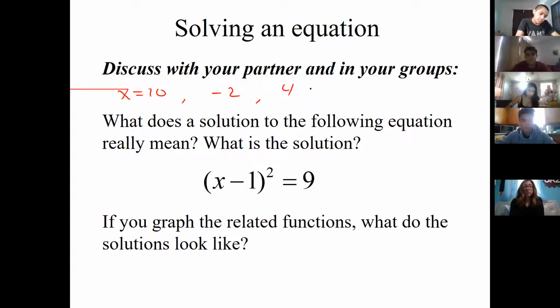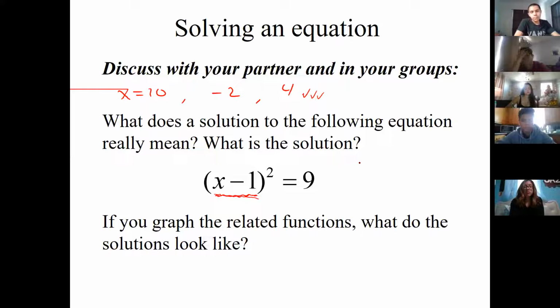All right, so I heard 3 of you say x equals 4. Okay, good. Without even doing any real algebra, we could just reason that I'm going to take some quantity and square it, and it has to equal 9.